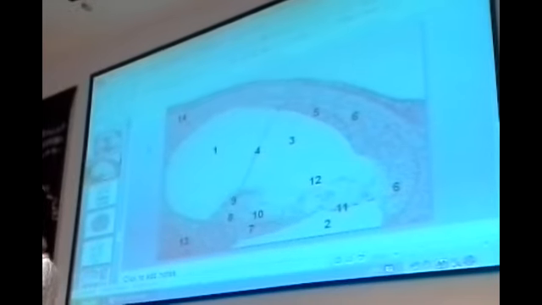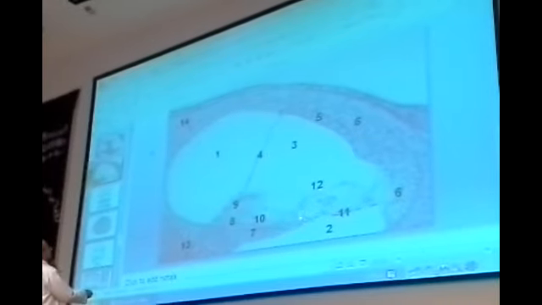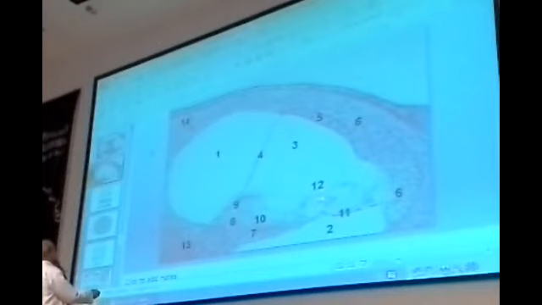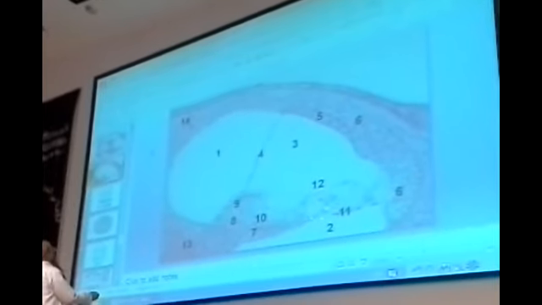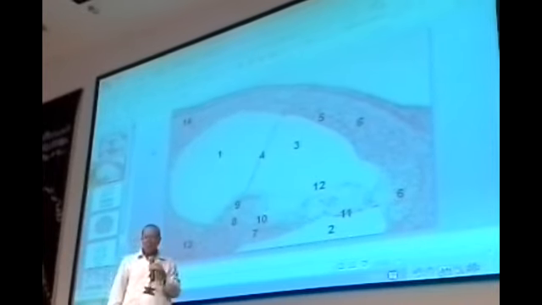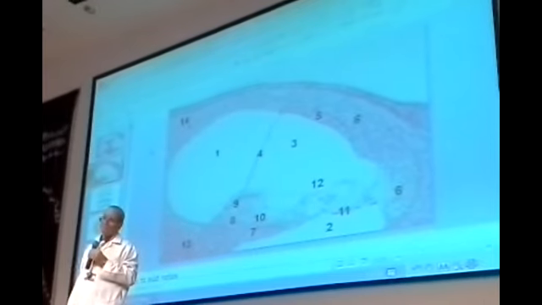Inner tunnel. Who is around this cavity? Pillar cells. Who carries the hair cells? Phalangeal cells. Okay.